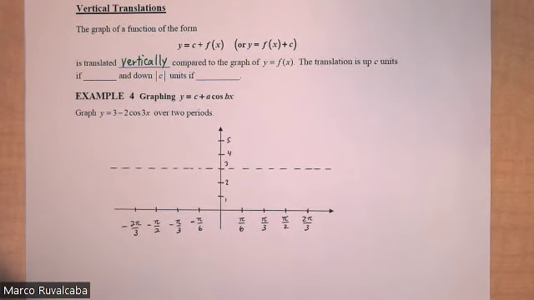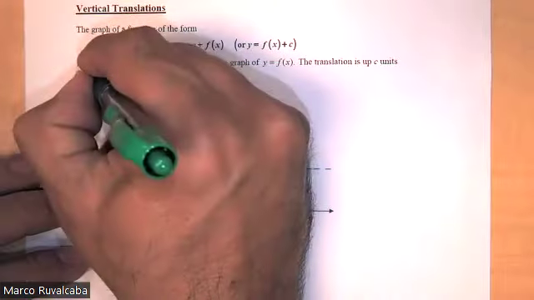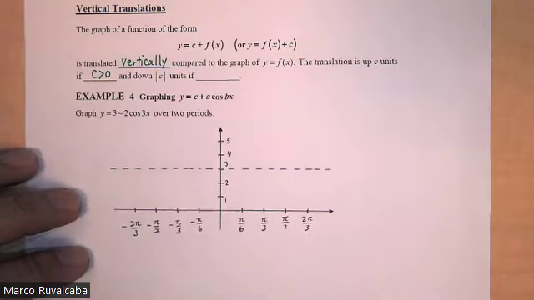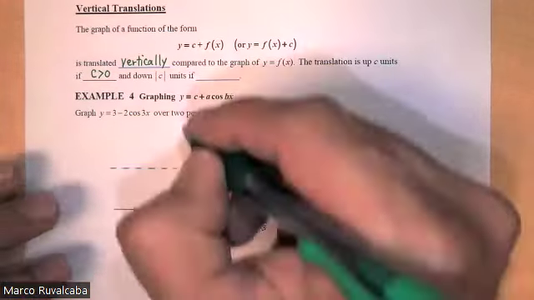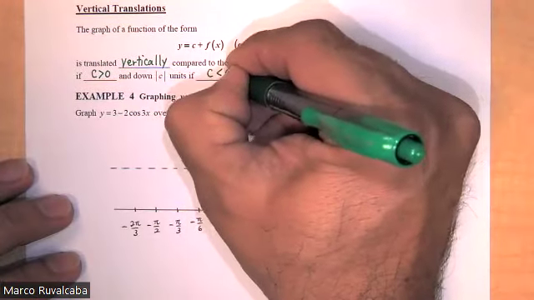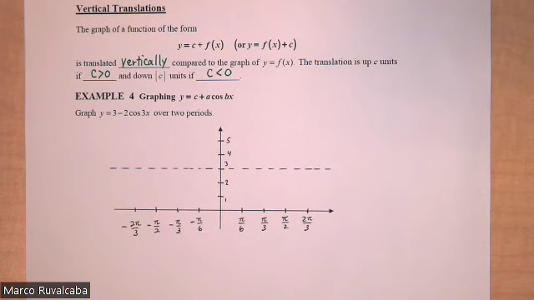The translation is up c units if c is positive, and down the absolute value of c units if c is negative. So the actual translation is never positive or negative because it involves a distance. But the number in the problem could be positive or could be negative. So negative means that it was translated down, and positive means it was translated up.